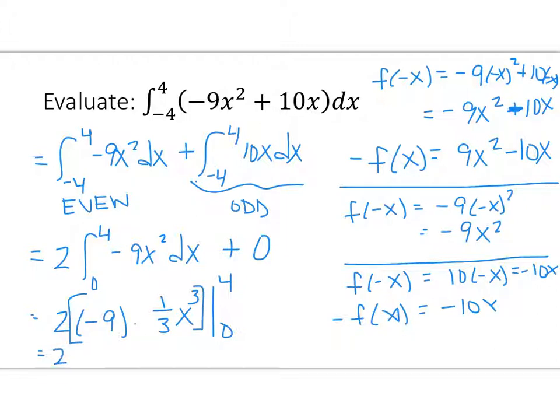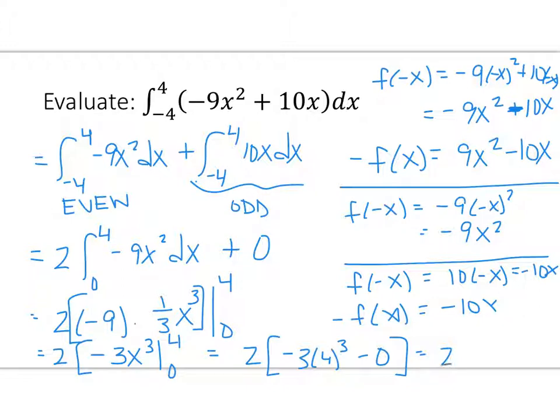So I have 2 times, if I clean that up a little bit more, negative 3 x to the third from 0 to 4. So I have 2 times negative 3 times 4 to the third minus 0. So 2 times negative 3 times 4 to the third is 64. So now I have negative 6 times 64, which is negative 384.